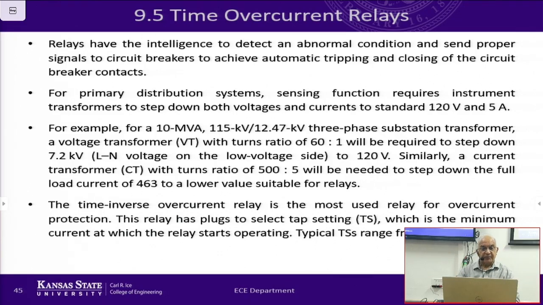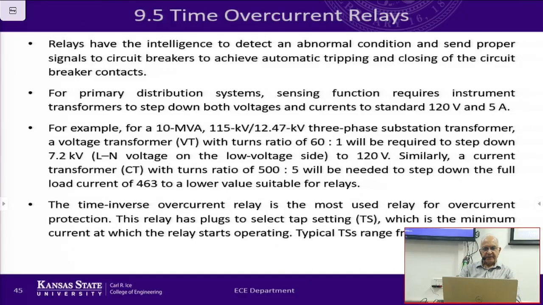The relays obviously cannot be directly connected to the power line, so you have to use current transformers to reduce the amount of current to a lower level. Similarly, voltage transformers are used to reduce the voltage to an operating voltage, which is typically 120 volts.